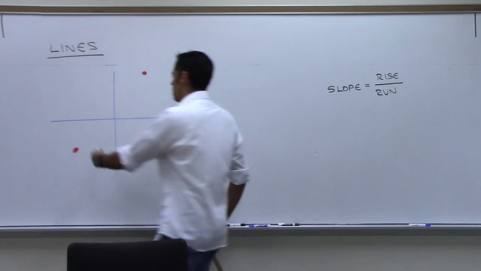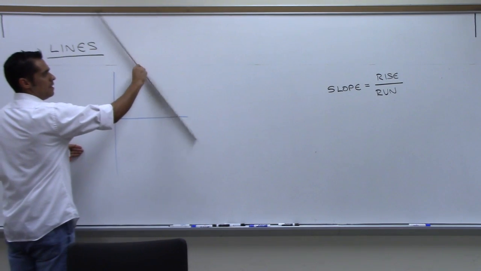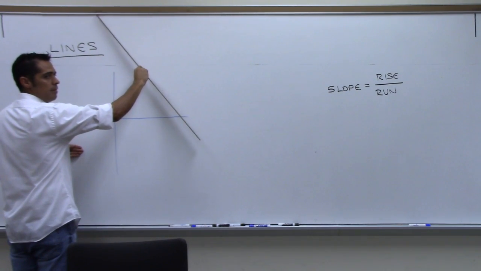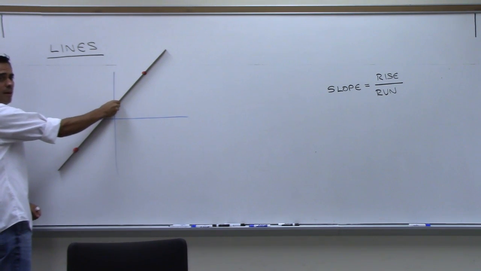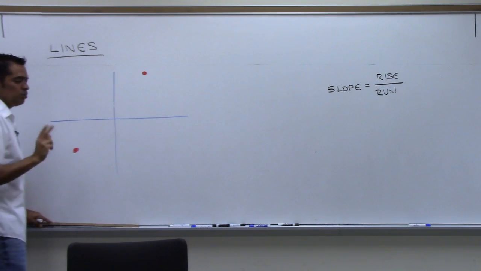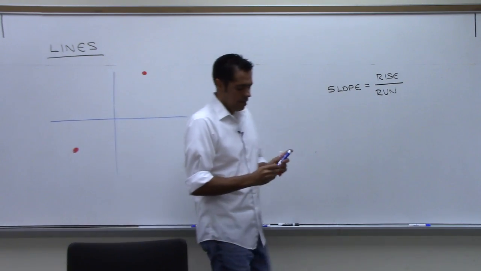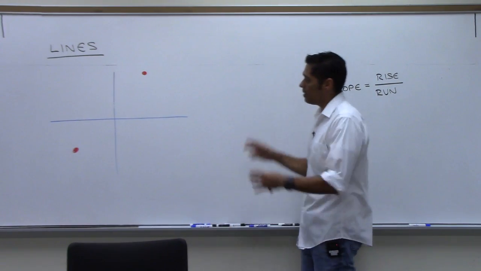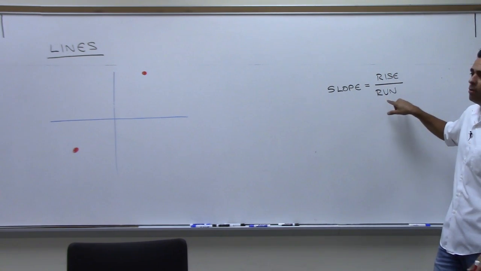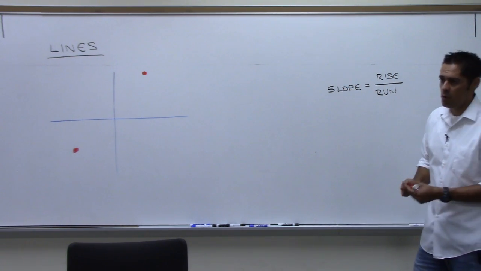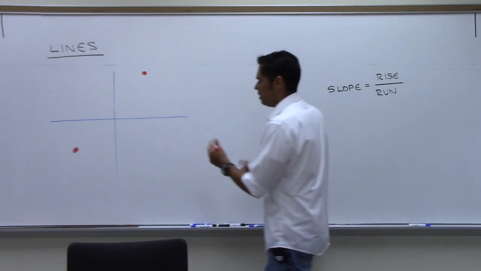If somebody gives me 1 point, there's an infinite number of lines that goes through that point. Somebody gives me 2 points, we've locked it in. There's only one line, right? So you have to have 2 points to define a line. And because you need 2 points, we should be able to get the slope if we know just 2 points. And there's a formula for it, so that's what I'm about to give us.